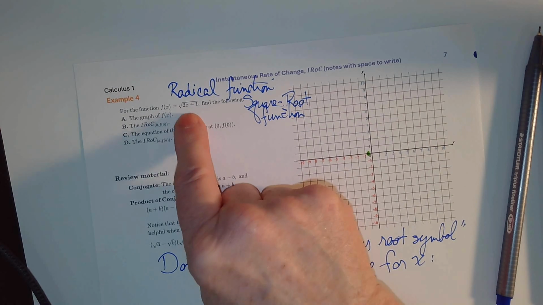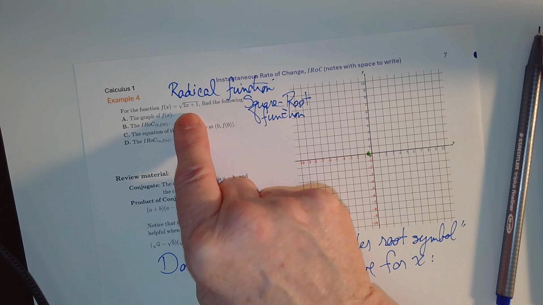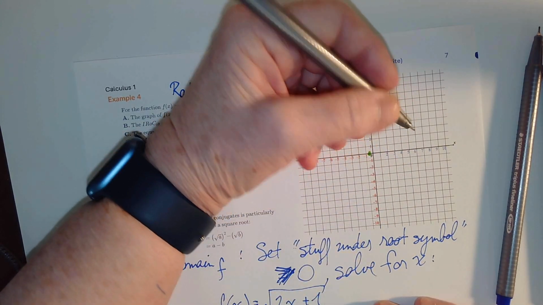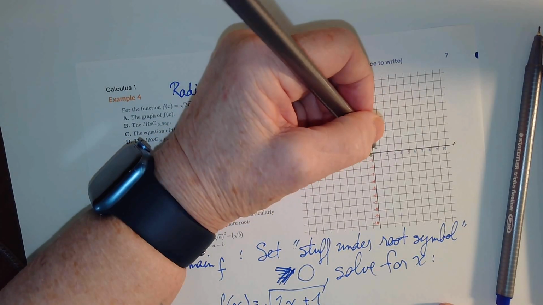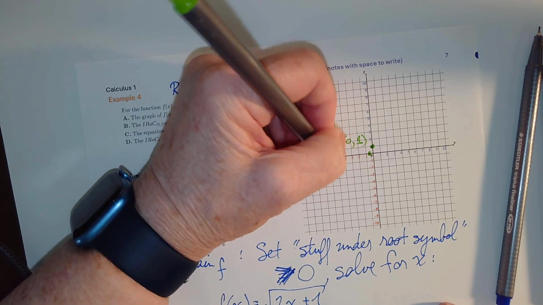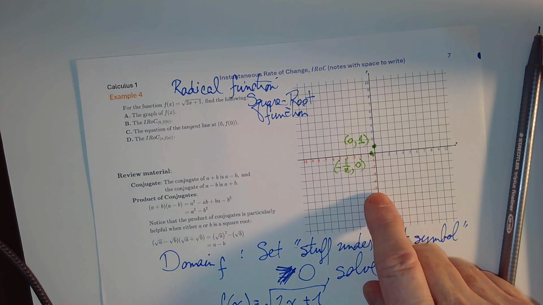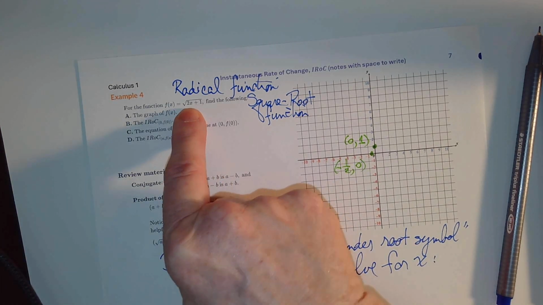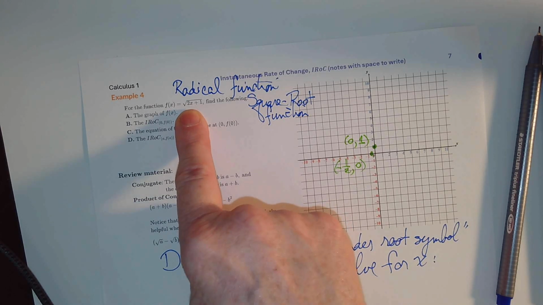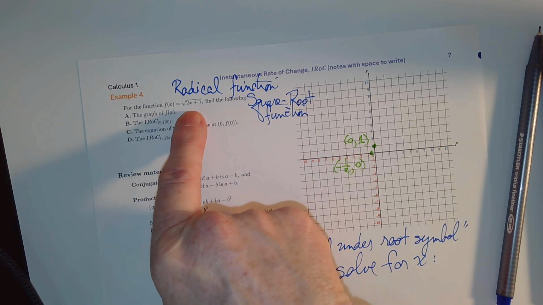And let's see, if I let x be 0, 2 times 0 is 0, plus 1 is 1, square root of 1 is 1. That's the point 0, 1. We're starting at -1/2, 0. And we can get one more nice point. The next nice number would be 4.